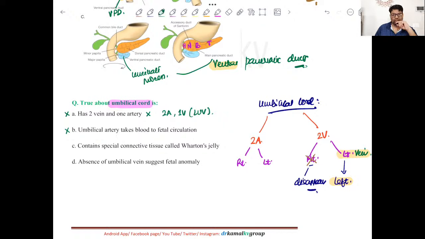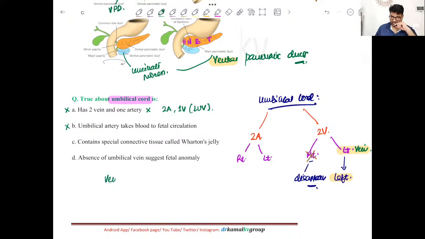One is of course the umbilical vein, and the second is the pulmonary vein. So there are two veins which take the blood towards the heart, and these are the umbilical vein and the pulmonary vein, right?